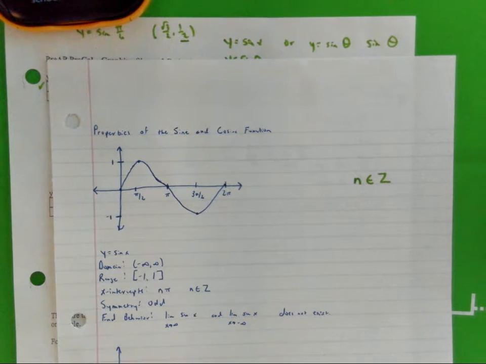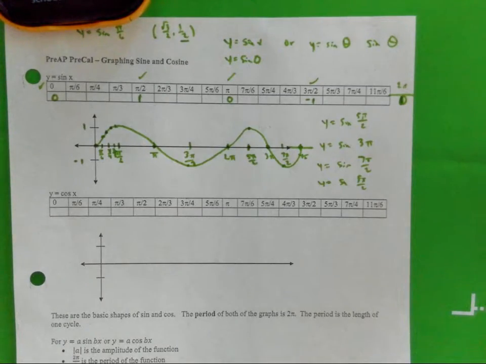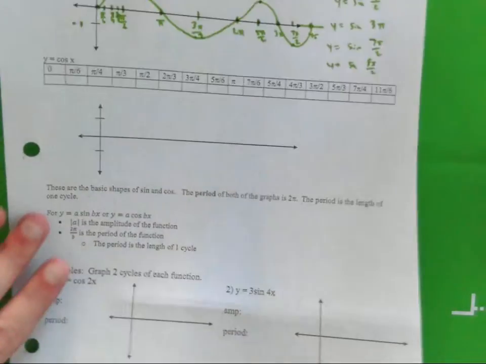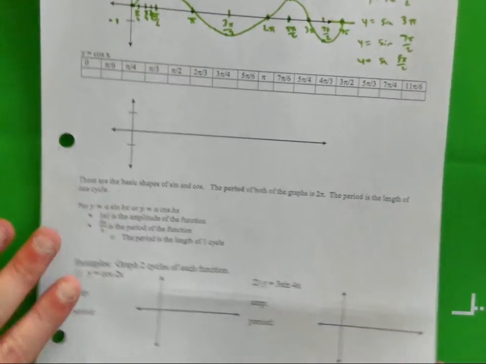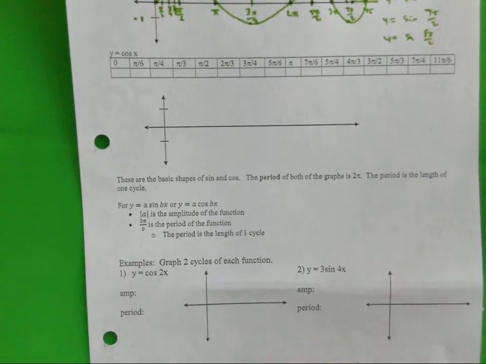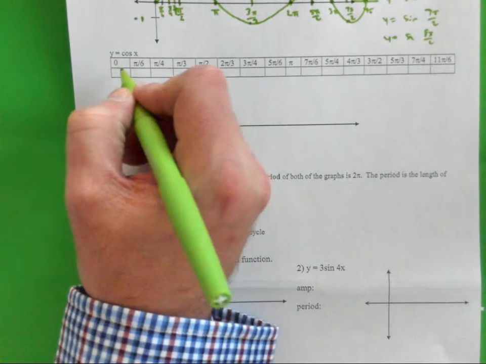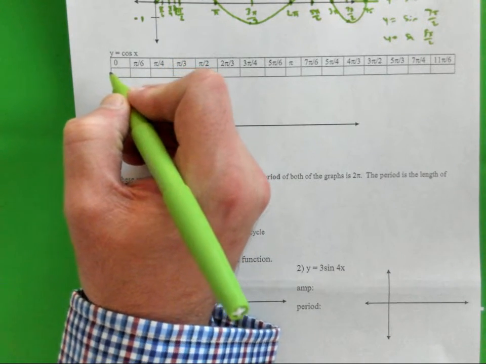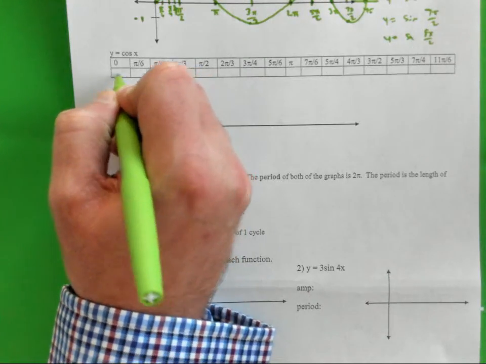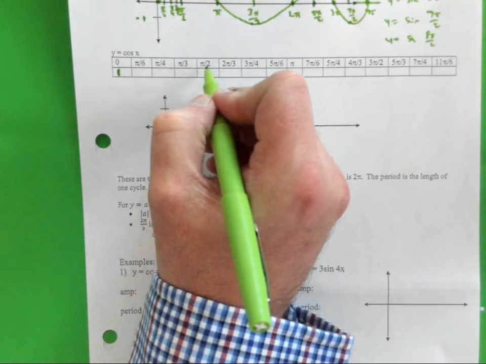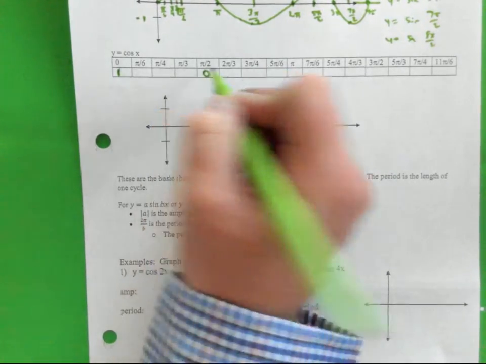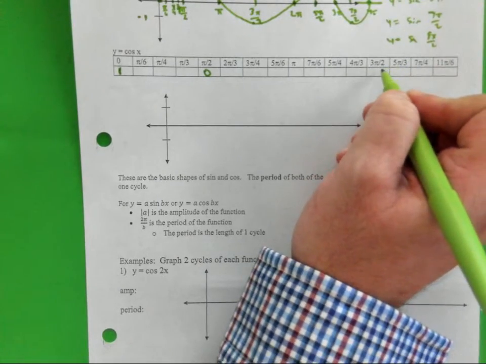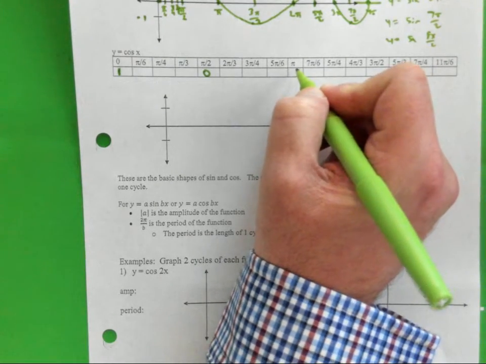Okay? Now, let's look at cosine. We're going to do the major points of cosine. What is cosine of 0? Your minds have warmed up, so you better start saying something. Cosine of 0. 1, thank you. Cosine of pi over 2. 0. Cosine of pi.